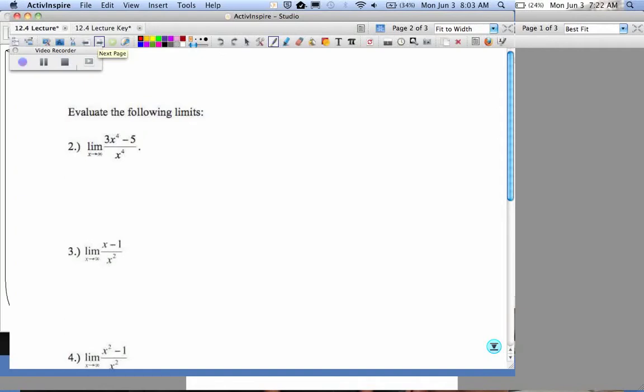Evaluate the following limits. We're supposed to be approaching infinity again. So what we can do is the limit as x approaches infinity of 3x to the 4th over x to the 4th plus the limit as x approaches infinity of negative 5 divided by x to the 4th. So the math mumbo jumbo says you split it up into different parts, the limits.